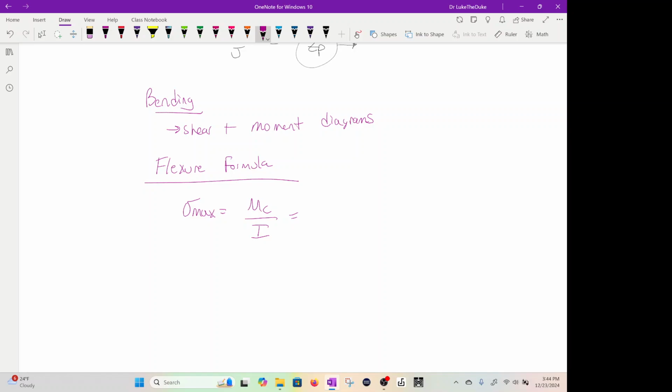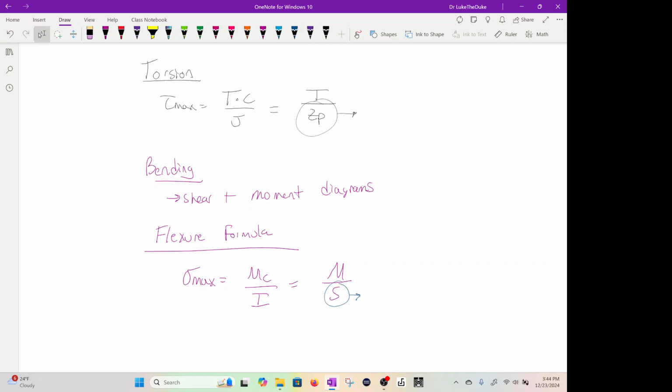Now we can also switch this to M over S, where S is your section modulus, and you can find tables or use equations and tables in the appendices in the back of the machine design book. If you notice, those two make simpler formulas, and we use T over ZP and M over S in machine design.